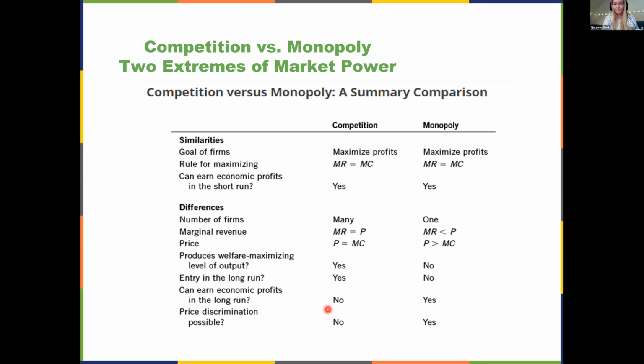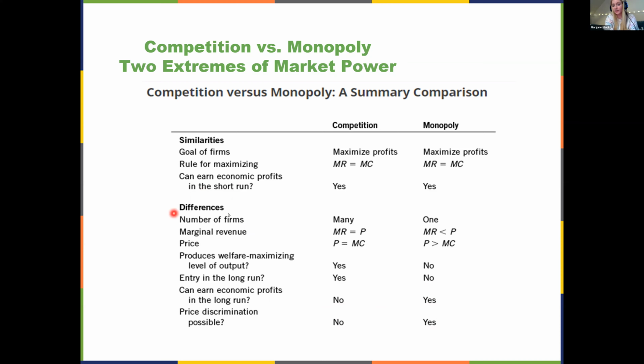But because there is no competition for a monopoly, they're able to still charge a higher price than their marginal cost, so they're able to earn economic profits even in the long run.